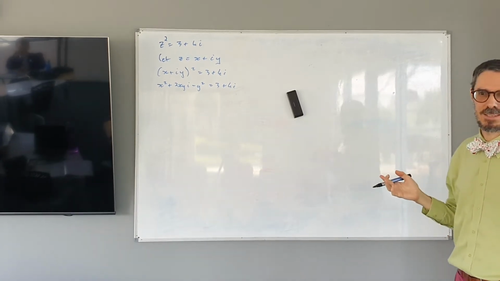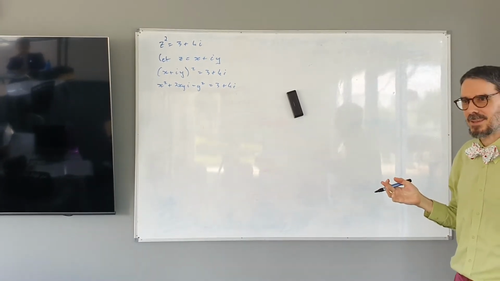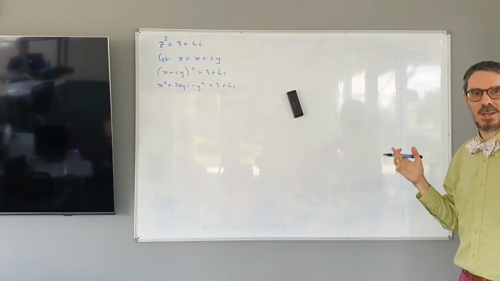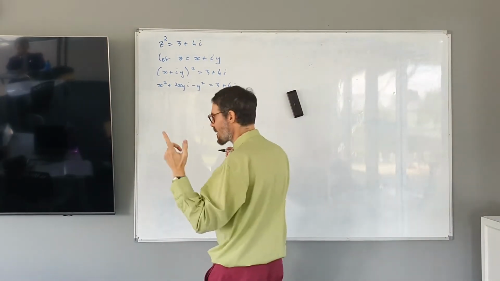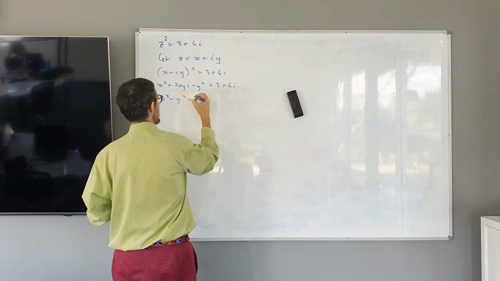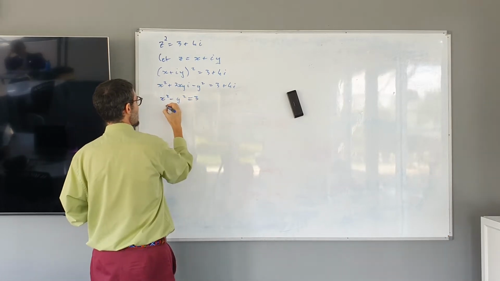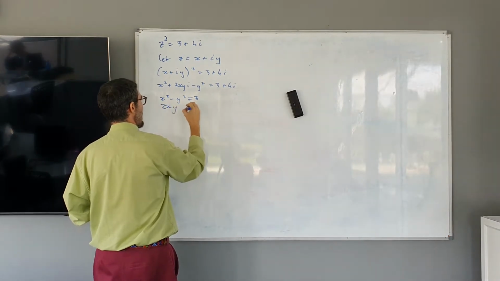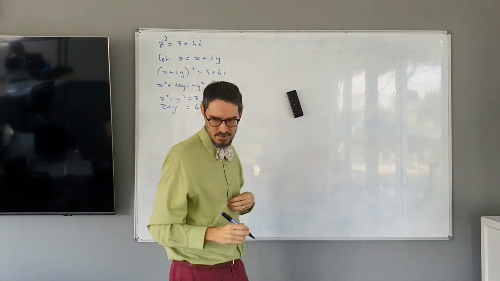How do I solve this? Real parts must be equal and imaginary parts must be equal. So, x squared minus y squared equals 3 and 2xy has to equal 4.